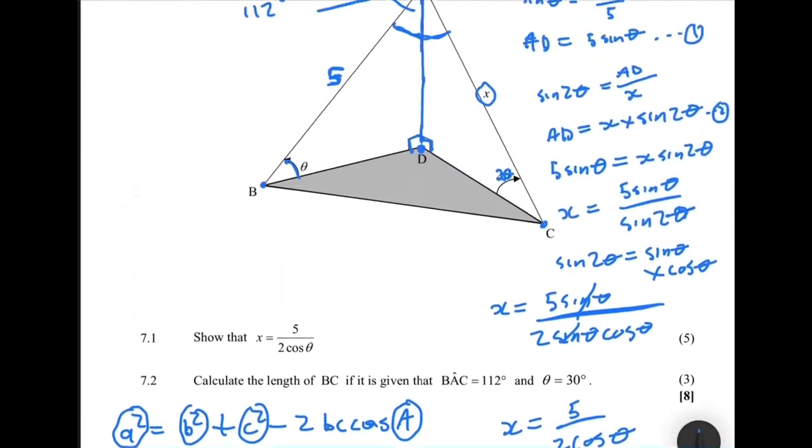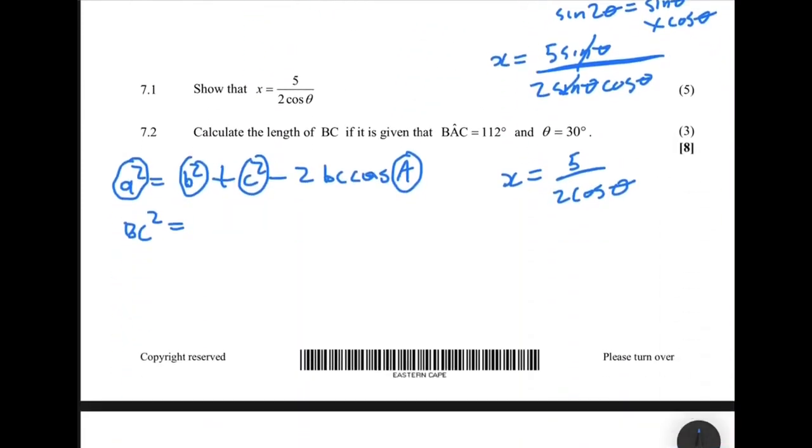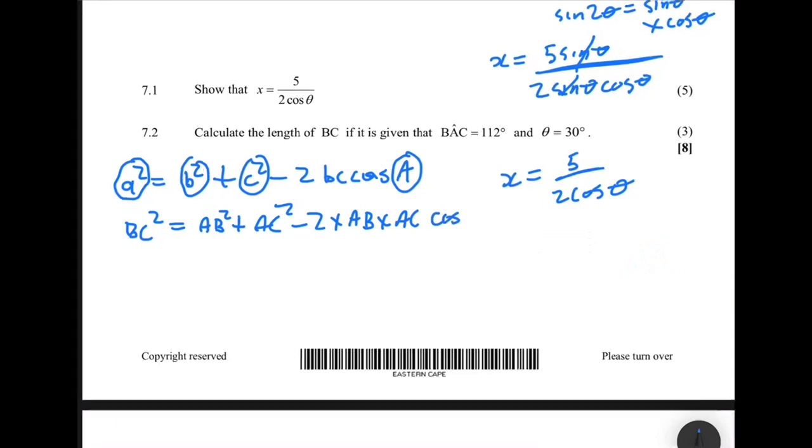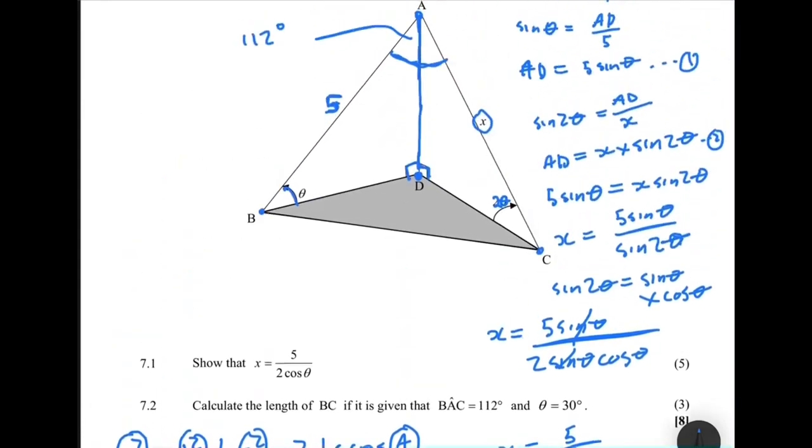So we can say that BC squared will be equal to AB squared plus AC squared minus 2 multiplied by AB multiplied by AC cos of BAC. So this will be equal to, what is AB?